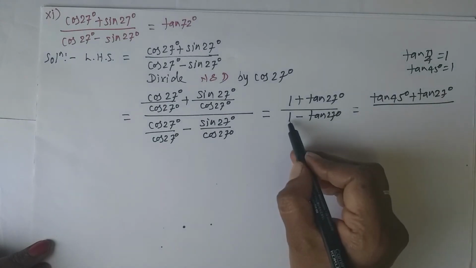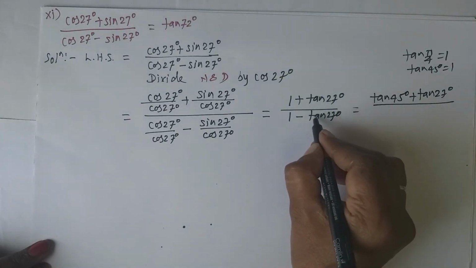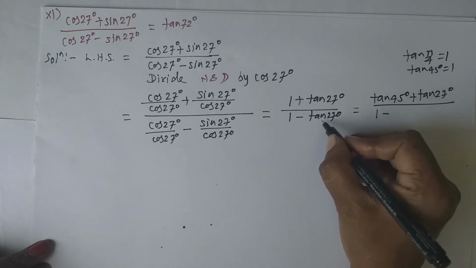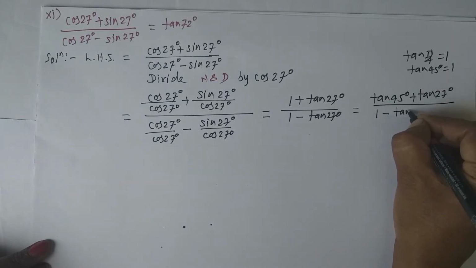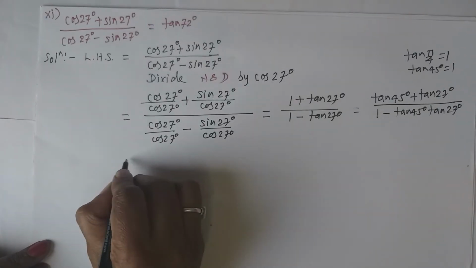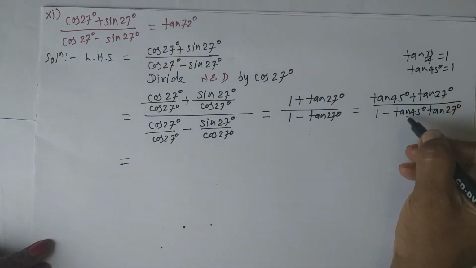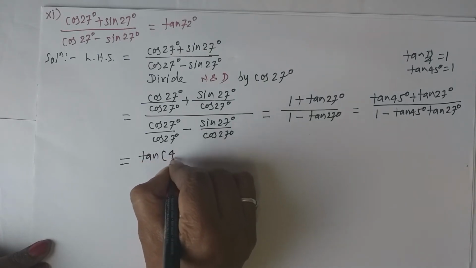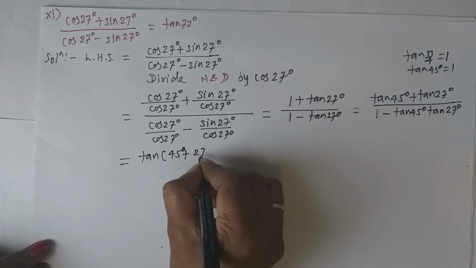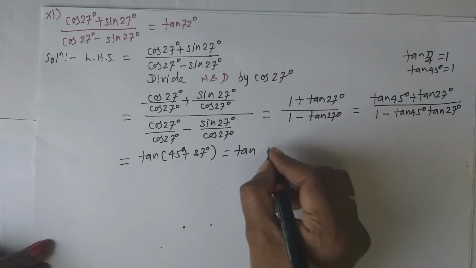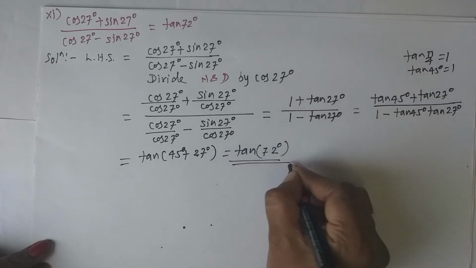And for the denominator, we know that 1 is in the product of any number, therefore I will keep the value of tan 45 degree, that is the value of 1, in the product with tan 27 degree. Okay. And now what is this? Tan A plus tan B over 1 minus tan A tan B is the formula of tan A plus B. A is here 45 degree and B is 27 degree. Take the addition, what is the angle? This will be tan 72 degree.